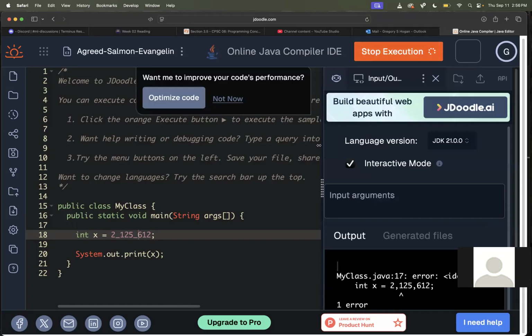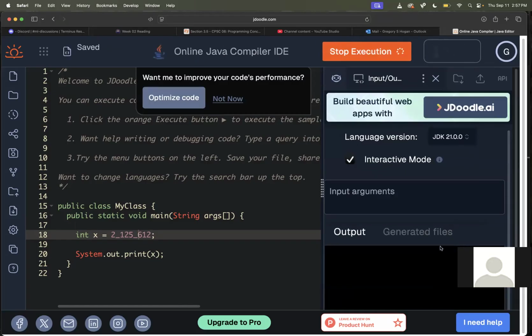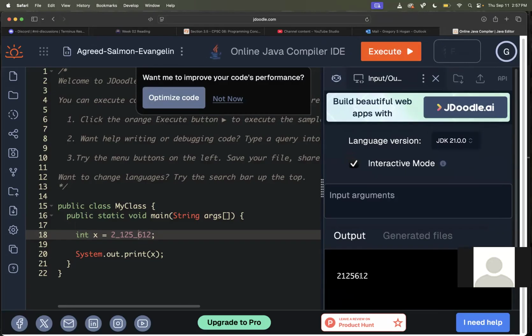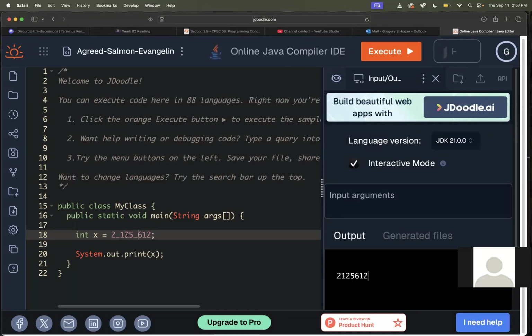And if I execute this, you'll see that it works. It printed out the number, which means the code compiled and ran. So you can use underscores to help you visually separate the number, but that's just for yourself, to make it easier to type in.